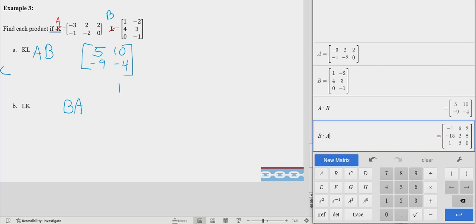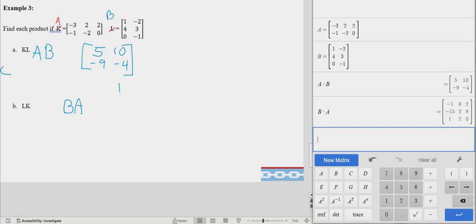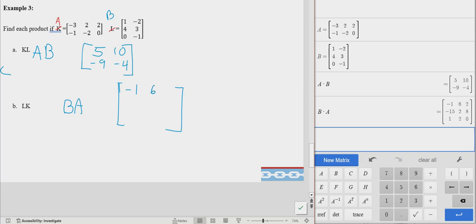Now, normally multiplication order does not matter, but in matrix multiplication, it most certainly does. So I had a 2 by 2 matrix before for A times B. For B times A, I have a 3 by 3 matrix with completely different values. So you can see that our order most certainly matters for matrix multiplication.